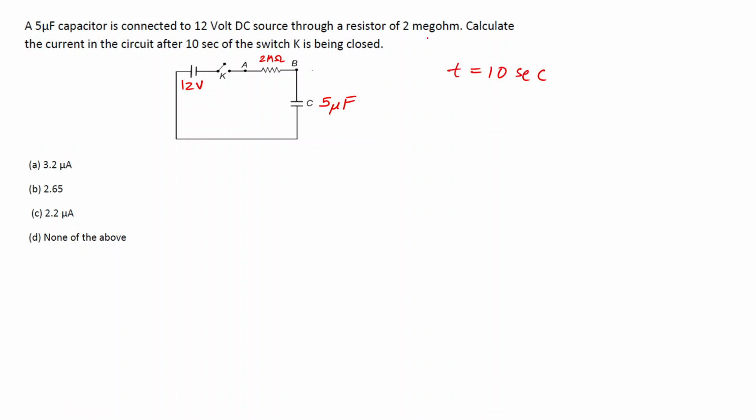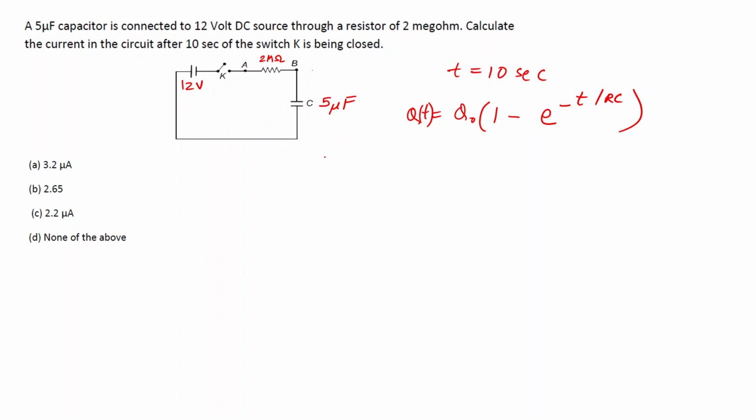So we know while charging of the capacitor, the current initially is maximum and then it starts reducing. During charging, the charge at any particular time is given by q naught times 1 minus e to the power minus t over RC. In the earlier questions, we were dealing with the discharging situation; now this is the charging situation.